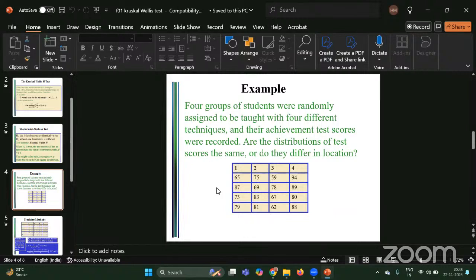And that's why we are using Kruskal-Wallis test. There are four series and each series have something from where you can find out the mean, right? So Kruskal-Wallis test is used when there are multiple samples to compare and where you can find out the mean.